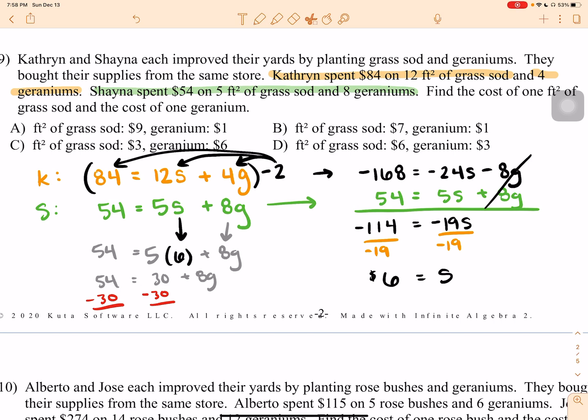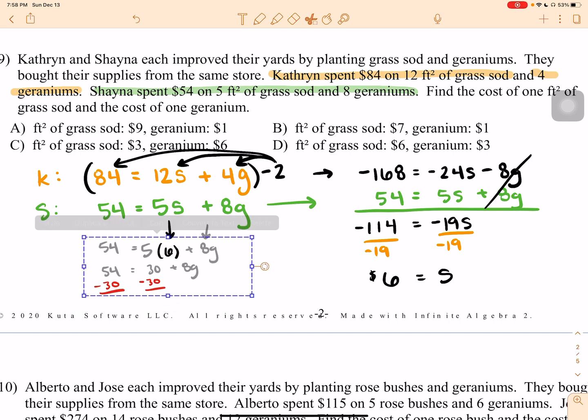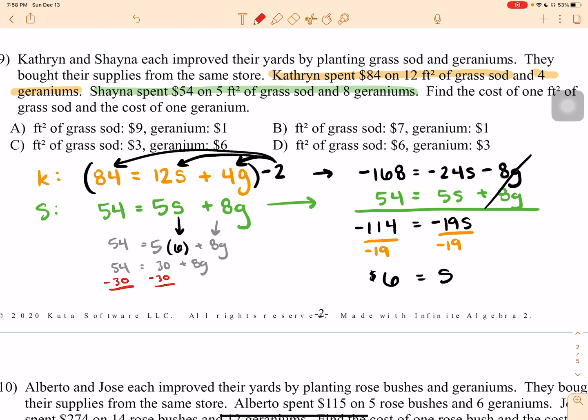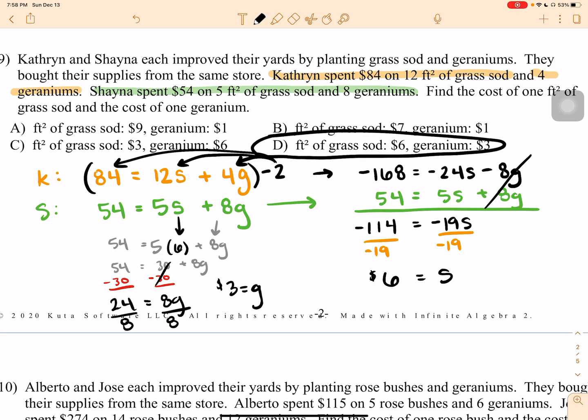We are going to make this a little bit smaller so we can actually do the rest of it. This will be 24 equals 8G. Divide both sides by 8. We get 3 equals G. So that's $3 per geranium, $6 per square foot of grass sod. And that looks like it's going to be answer D here.